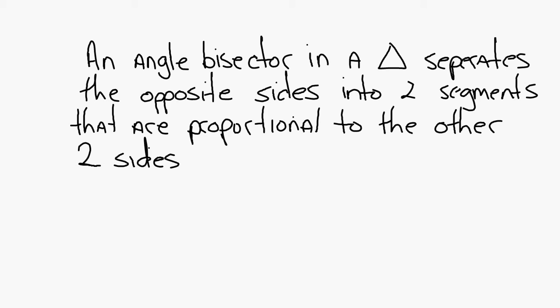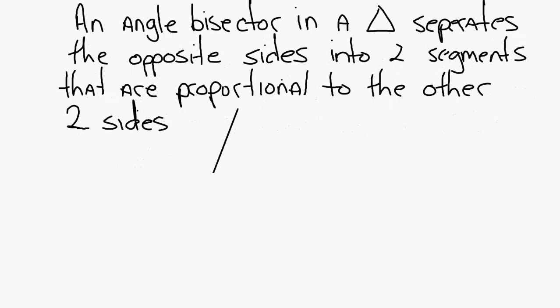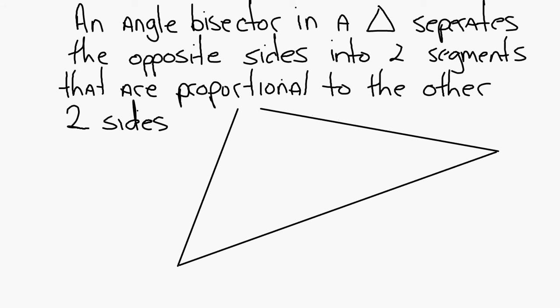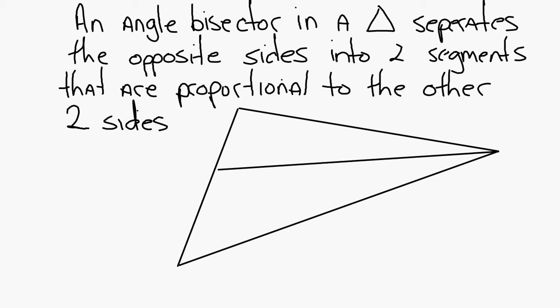So if you draw a triangle, and you put an angle bisector in there, so these angles are congruent to each other. Let's label this up.